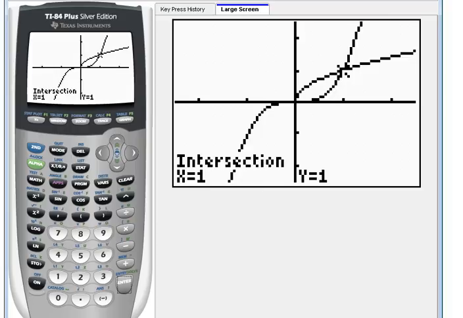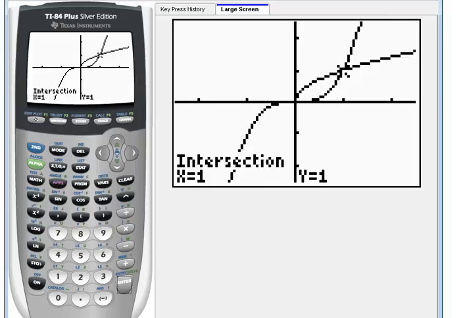So oftentimes you're going to graph these two things the way that they should be and find the points of intersection. Now unfortunately the calculator cannot find the area between two curves, so we're not going to be able to use these two graphs to find the area or to find the volumes later on.